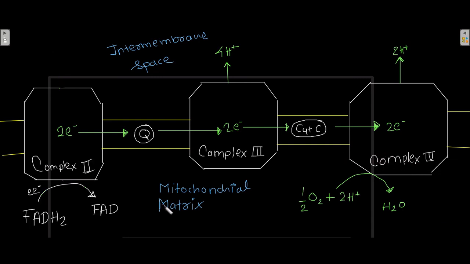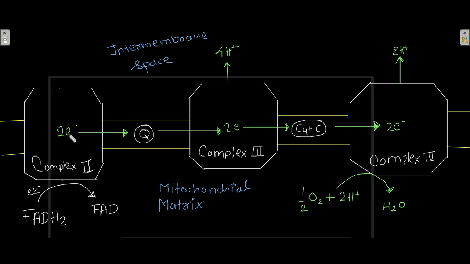So this is how it looks in case of FADH2. FADH2 gets converted into FAD and the 2 electrons go into complex 2. From complex 2 they go to coenzyme Q. Now in this reaction there is no proton pumping. In case of NADH there was proton pumping at complex 1, but in case of FADH2 there is complex 2 and there is no proton pumping.